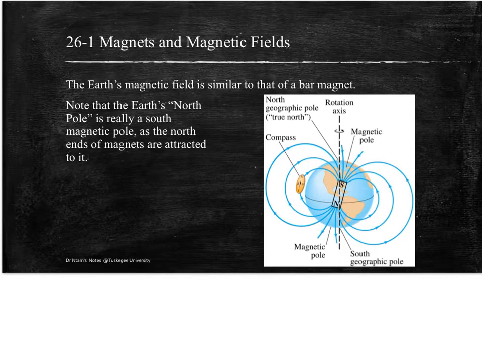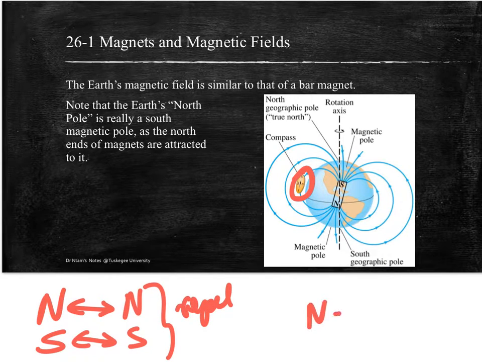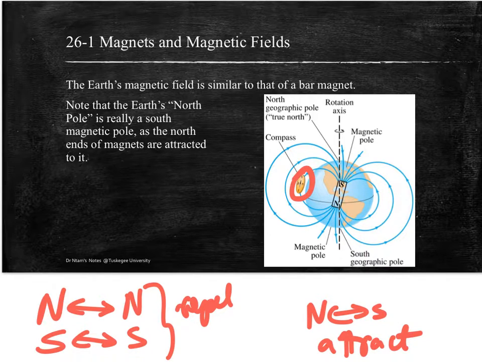Now, when you place a compass inside the Earth's magnetic field, based on the fact that poles of the same kind repel, and poles of the opposite kind attract, the north pole of the compass will line up with the south pole of the Earth's magnetic field.